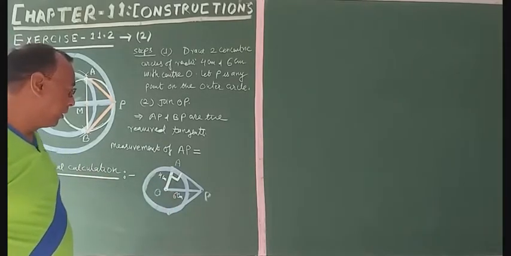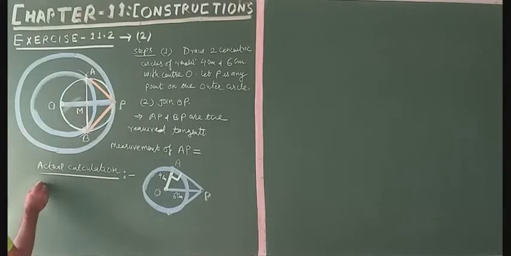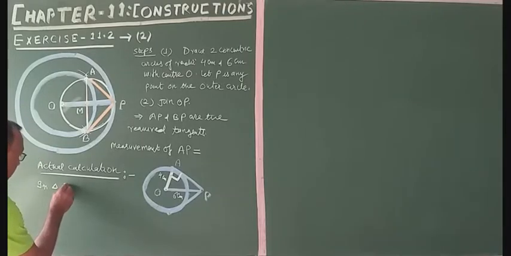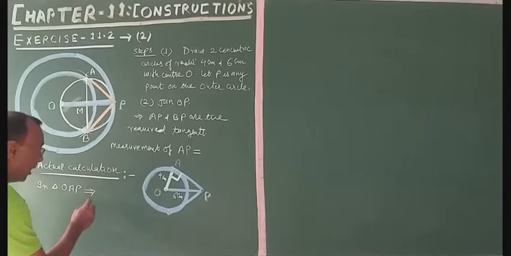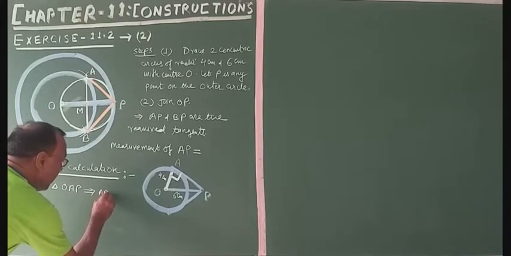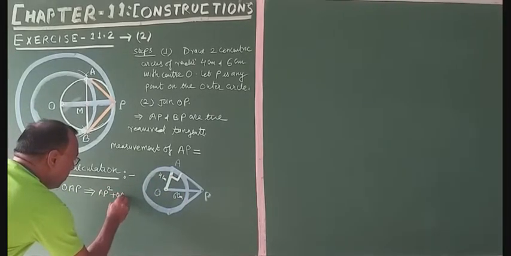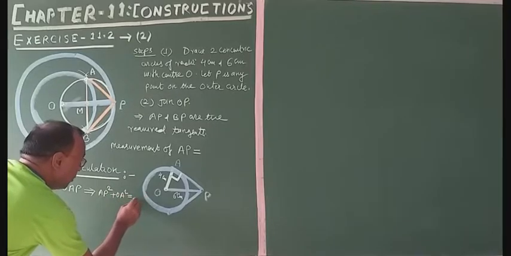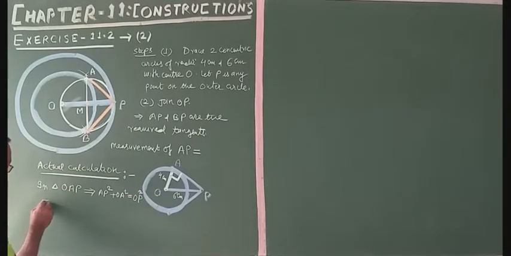So we can use Pythagoras theorem here. In triangle OAP, AP square plus OA square is equal to OP square, using Pythagoras theorem.